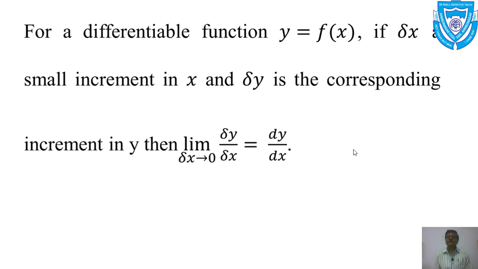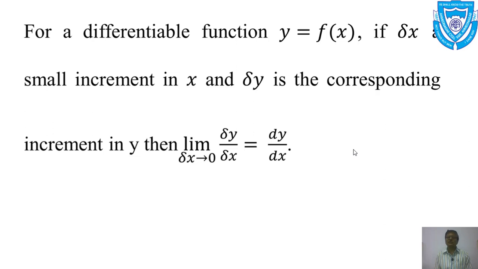For a differentiable function y is equal to f of x, if delta x is a small increment in x and delta y is the corresponding increment in y, then limit delta x tends to 0 of delta y upon delta x is equal to dy by dx. So this is just a change in the notation.